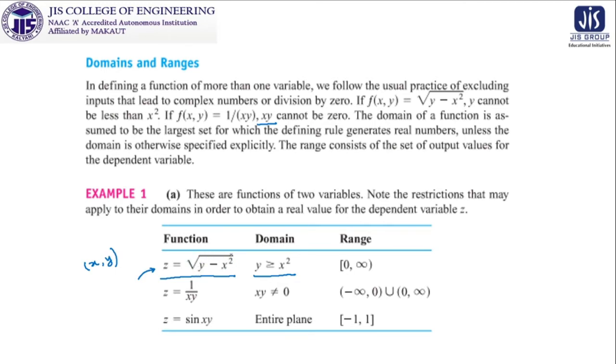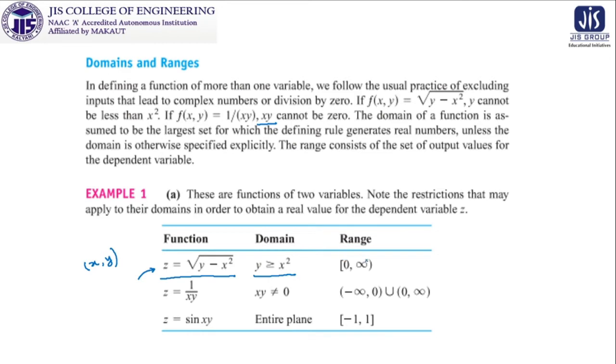So root over y minus x square will always give you positive numbers or 0. The range of z starts from 0. If y is equal to x square, then z will be 0. Suppose y is equal to 2x square, then 2x square minus x square is x square, so it will be root over x square, that is x. So the value of x you have selected will lie in the range.